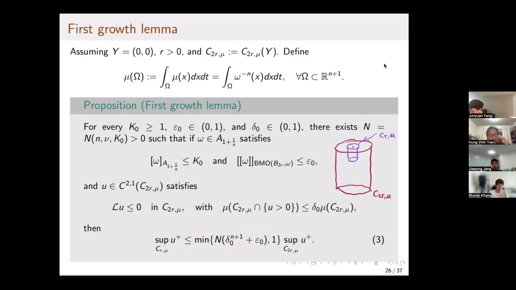there's some region, all this shaded region, where U is less than 0, right? So if this delta naught is very small, then U less than 0 will be a very large portion.